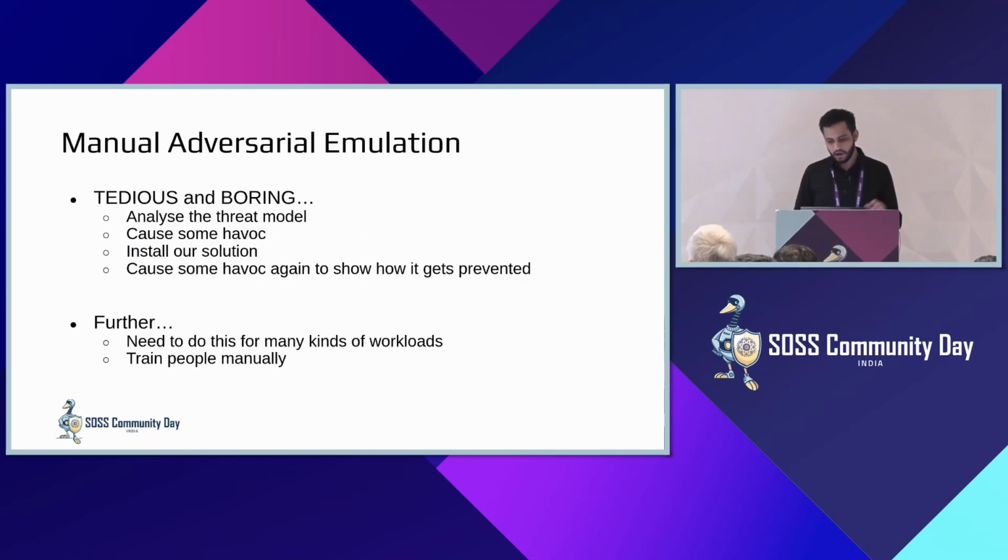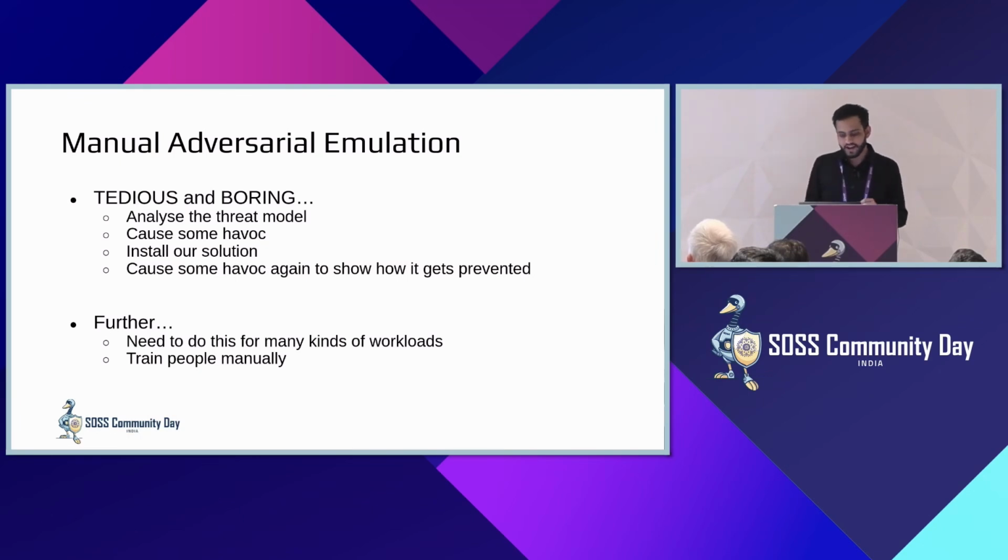So how did we used to do all this earlier? Whenever we were presented with a problem, a workload, or a new vulnerability, we would analyze the threat model, like what is this system looking like, what all holes are present in there, and what all could be exploited.